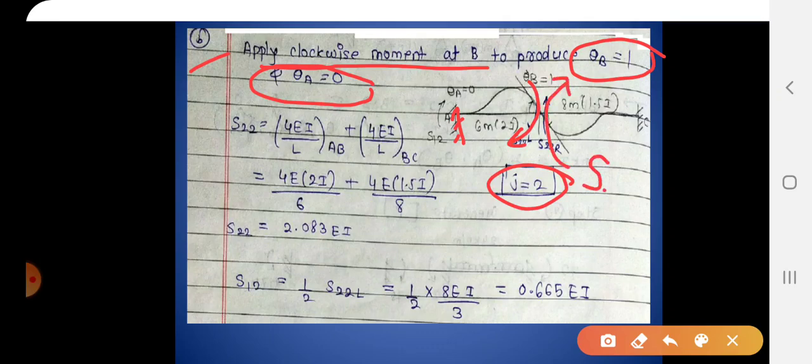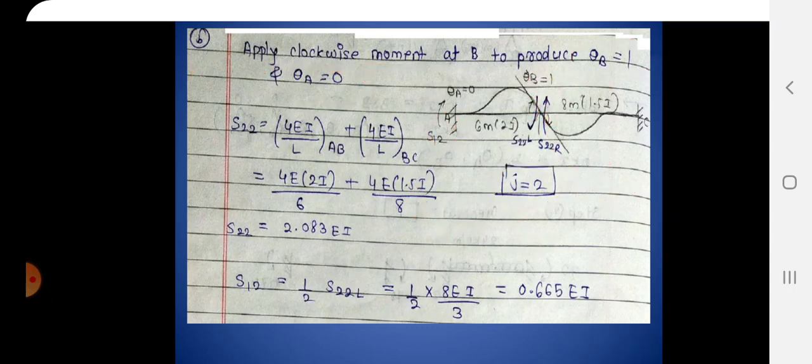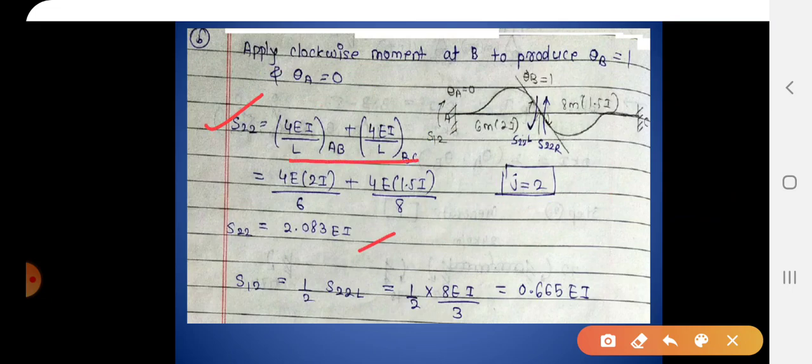So this will be S22, and this L and R: for span AB L, and for span BC R. This will be carried over to A and it will be called S12. First you will get the value of S22: 4EI by L plus 4EI by L, put the respective values and find out S22.